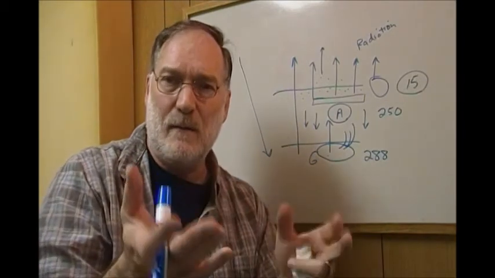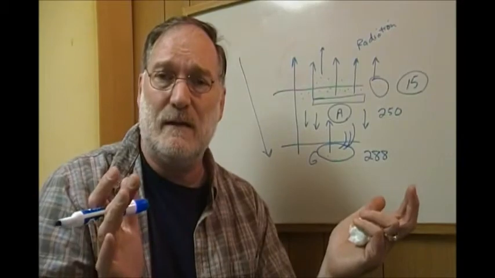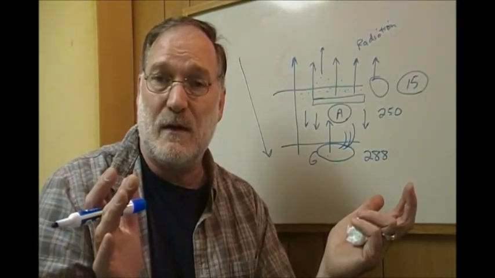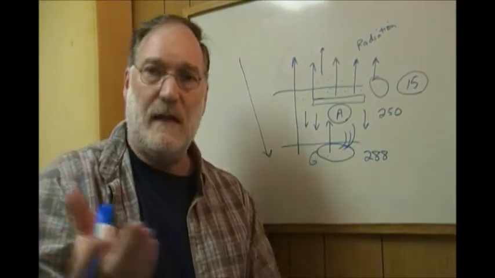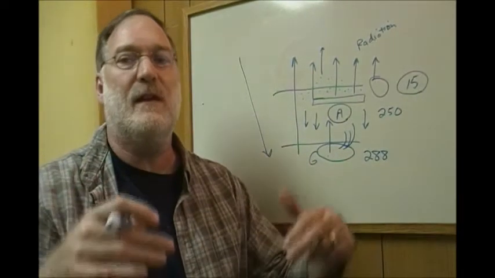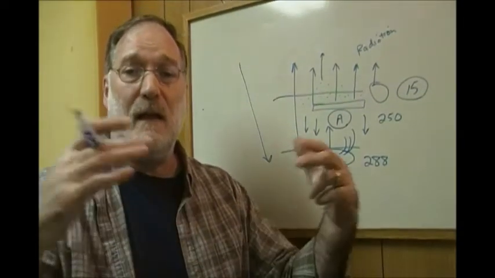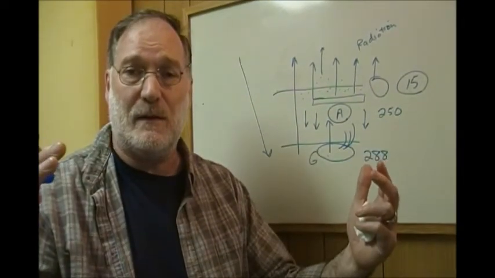So the carbon dioxide is taking in the 15s and giving off other wavelengths based on its temperature. It's also taking in the 15s, sharing some of that heat with other molecules, and they're giving off radiation, again, in a pattern that reflects their temperature.